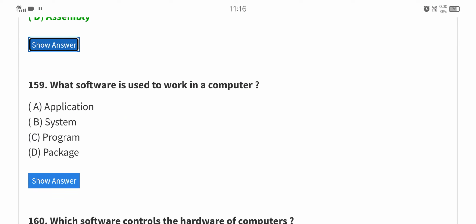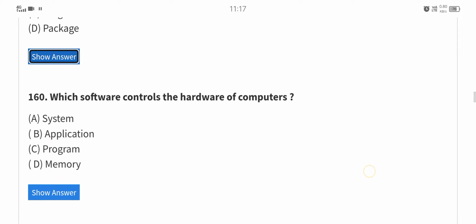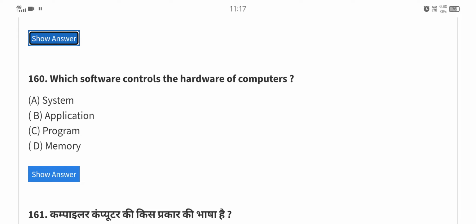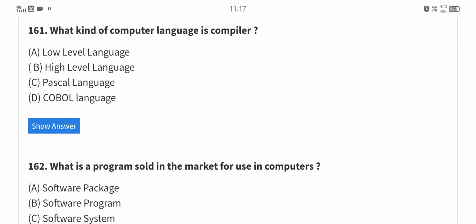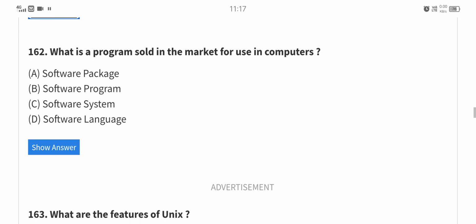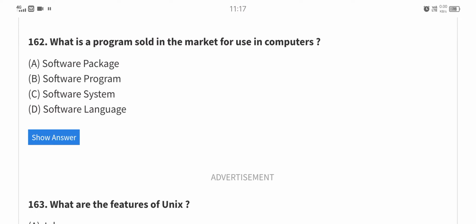What software is used to work in a computer application? Which software controls the hardware of a computer system? What kind of computer language is a compiler? Low-level language. What is a program sold in the market for use in computers? Software package.